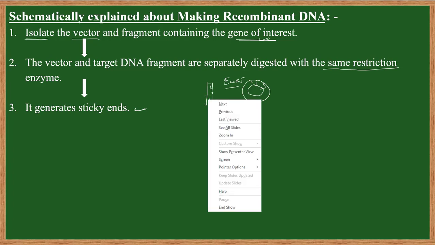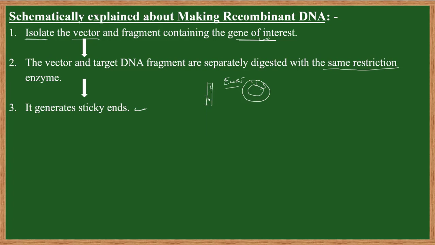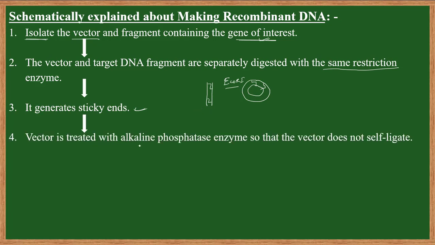Both have complementary sequences, so both will ligate. Next, the vector is treated with alkaline phosphatase after the cut. The phosphatase removes the phosphate group, and this prevents self-ligation.